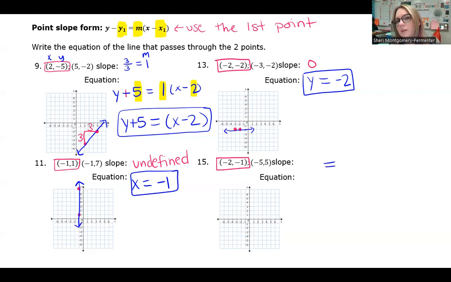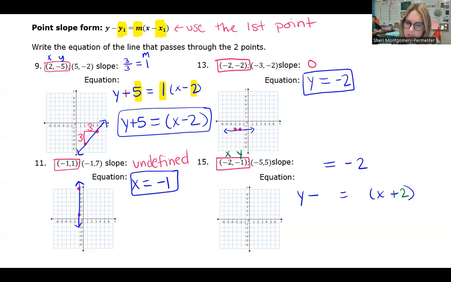Okay, -2/1, or just -2. So we have our equation. We've got y minus, and then x minus, and we fill in the blanks. So I'm going to use my point. This is my x, that's my y. The x has to go with the x. Now, if I have -2, it becomes +2.